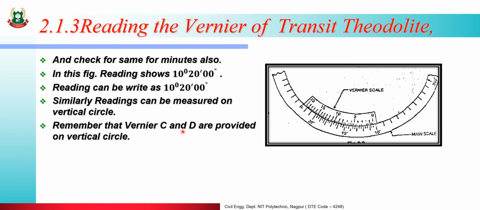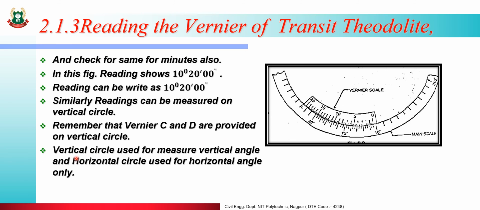Remember that vernier C and vernier D are provided on the vertical circle. The vertical circle is used to measure the vertical angle and the horizontal circle is used for the horizontal angle only.